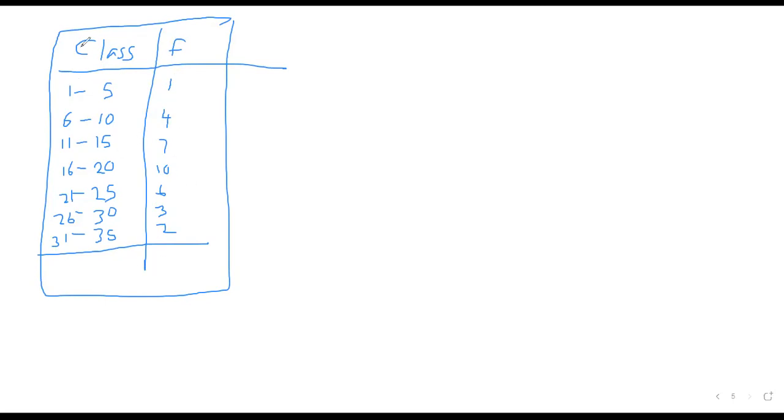So you'll be asked firstly to draw a histogram. Whenever the classes are not adjoined like this, you already know that the histogram needs to have attached classes. So the rule is you subtract 0.5 here and you add 0.5 there.